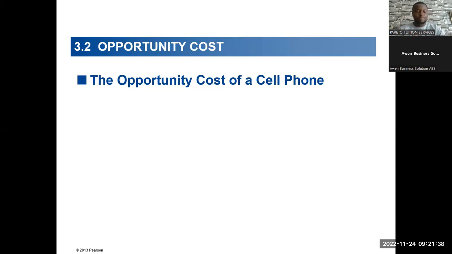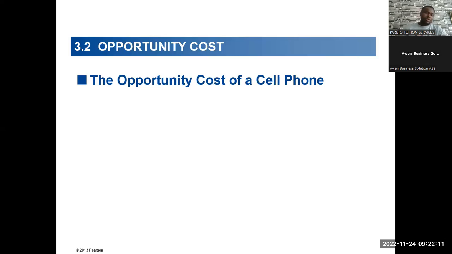Let's be specific. We are using DVDs and cell phones, right? So now, assuming initially we are at an inefficient point of production, so some of the resources are not being used, okay? We are producing 5 units of DVDs, 5 units of cell phones, but then there are extra resources that we can use to produce an additional unit of cell phone, which means that we don't have to go and take the resources that are being used to produce the 5 units of DVD to produce that extra unit of what?